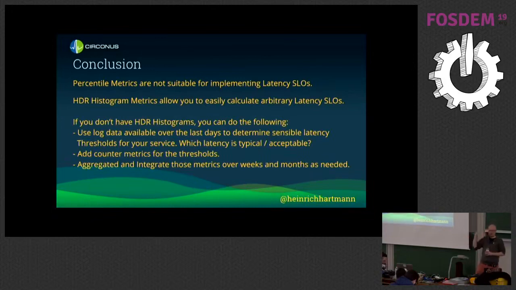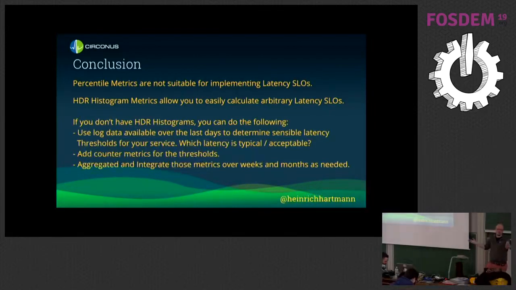With the HDR histograms, you do sparse encoding. So if the bin is not hit, then we don't store it. And usually your latencies are bounded within a certain range. They are not taking one time a microsecond and then 5 minutes. So usually you have 1 or 2 orders of magnitude, which allows you to dynamically choose the buckets you really want to record. So it's a cost and a performance differential.